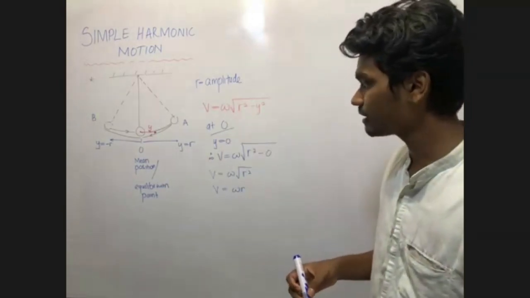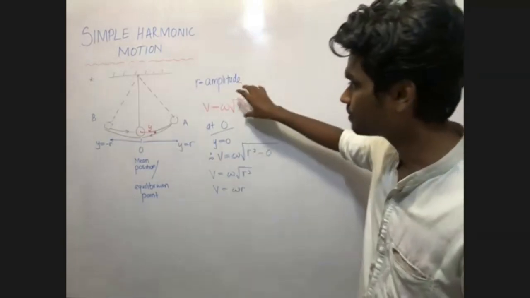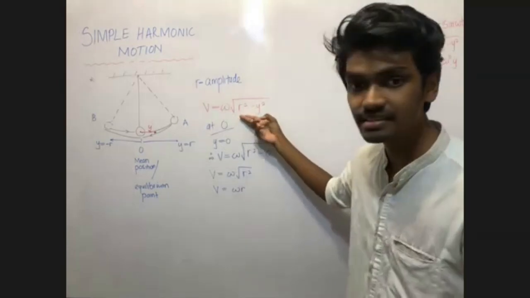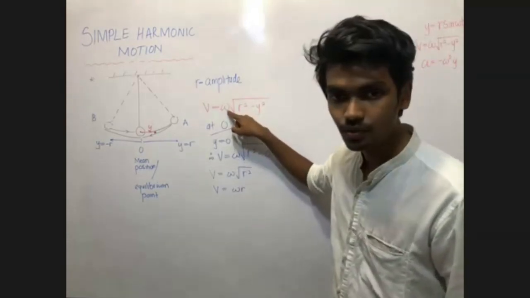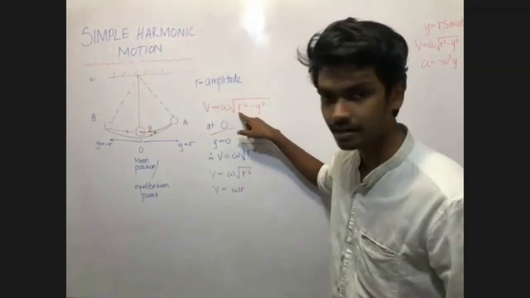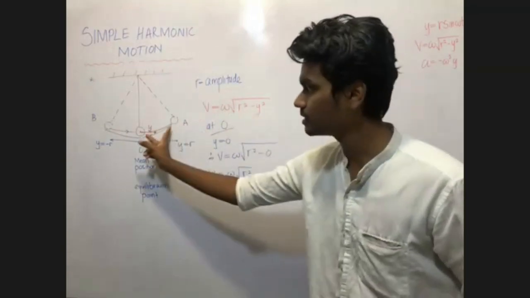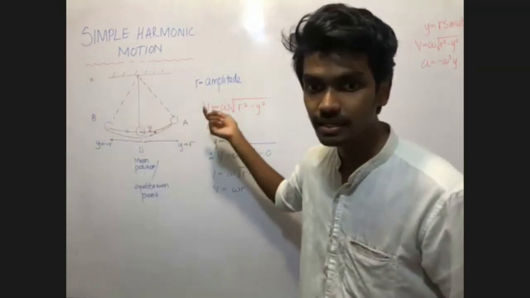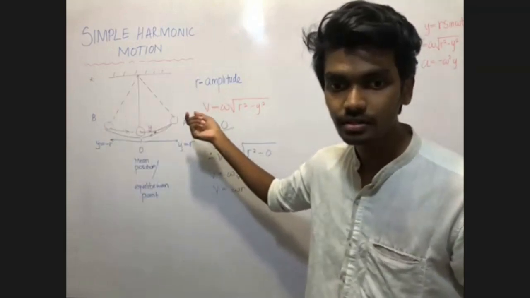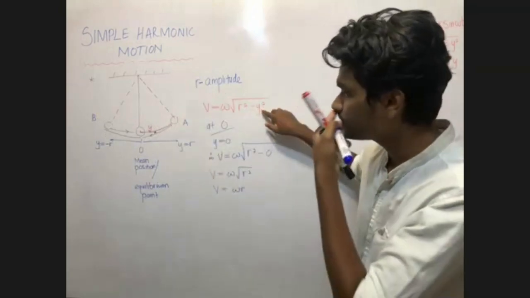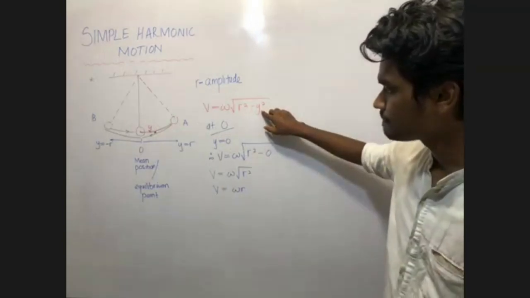Why did I say it has the maximum possible velocity? From this kind of an expression, what varies here? Is omega going to vary? No, omega is constant for a simple harmonic motion. Is R going to vary? R is given. When the simple harmonic motion takes place from point to point, what's going to vary is y.